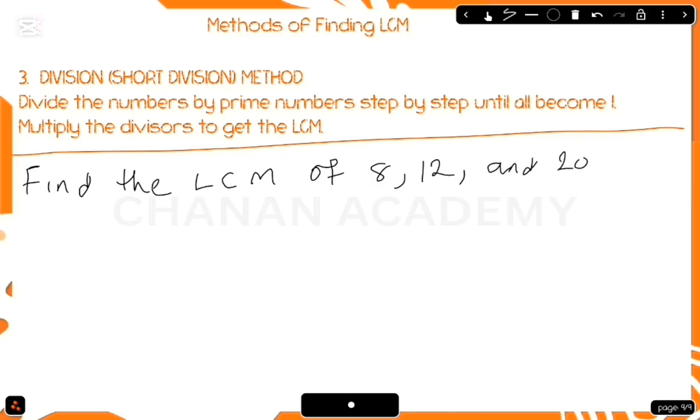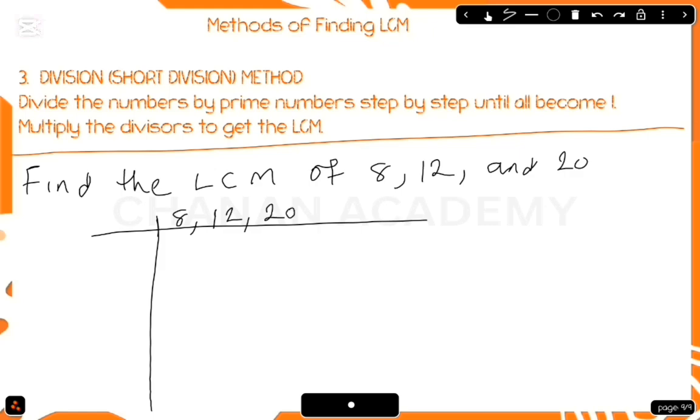Okay, so this method says we divide the numbers by prime numbers step by step until all become 1. So what we'll do is we'll draw a line, and write 8, 12 and 20.